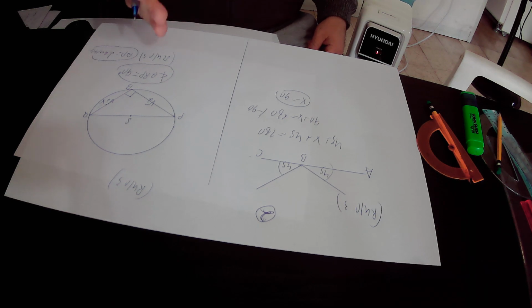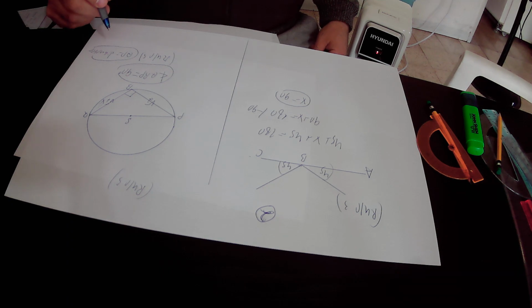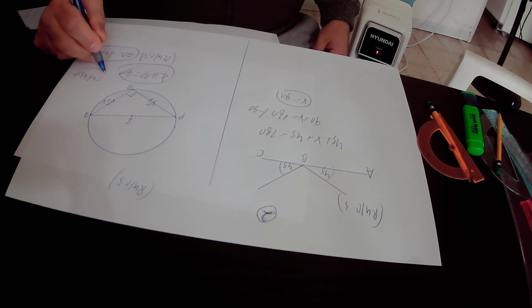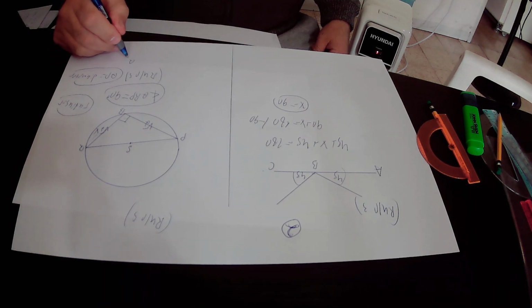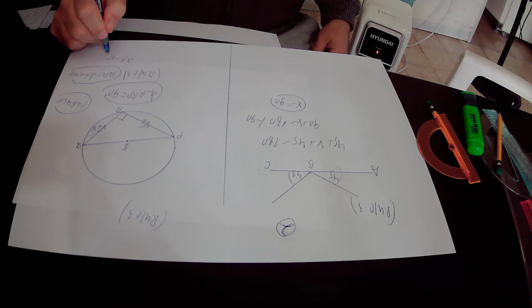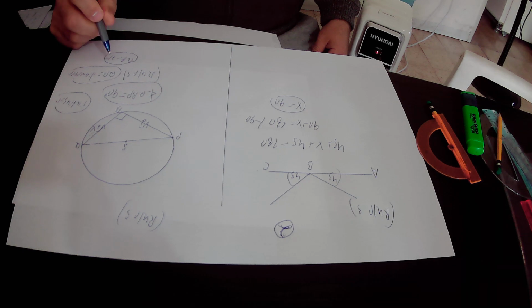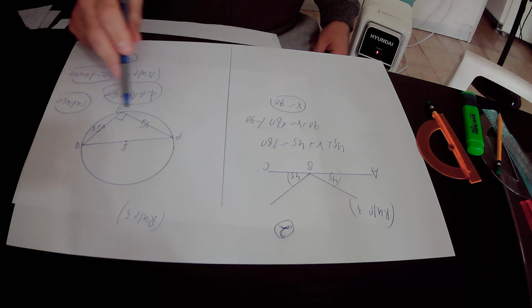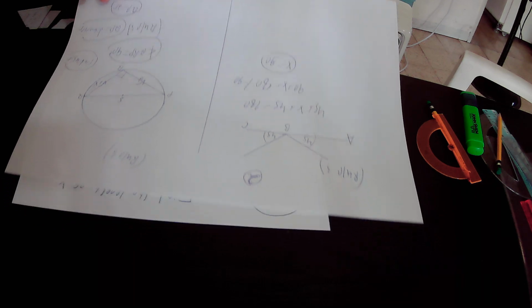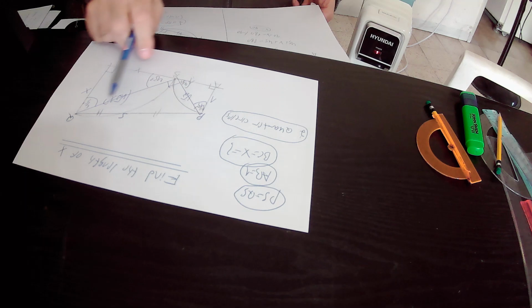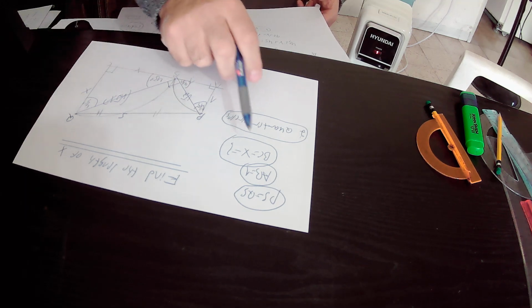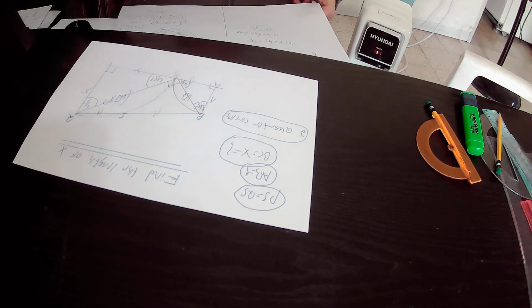So, if we define the radius of this circle as R, then the diameter QP must be equal to 2R. From one side QP equals 2R, but from the other side we are given that PS equals SQ.